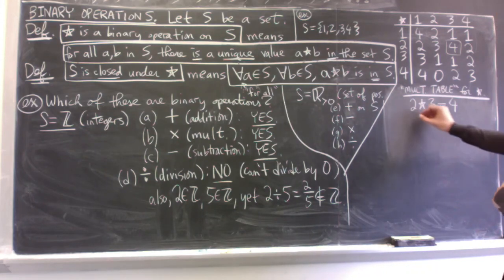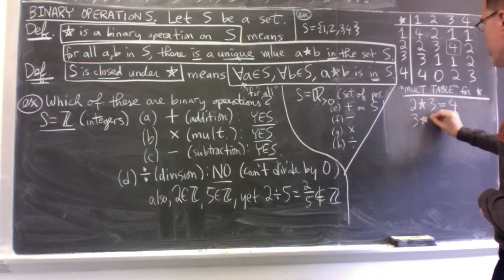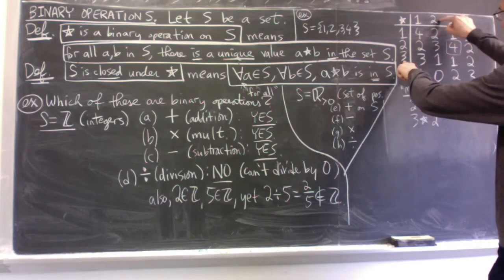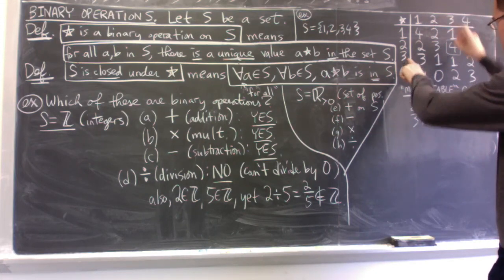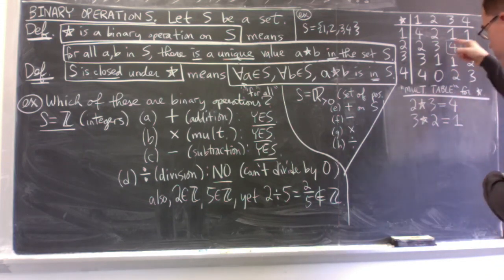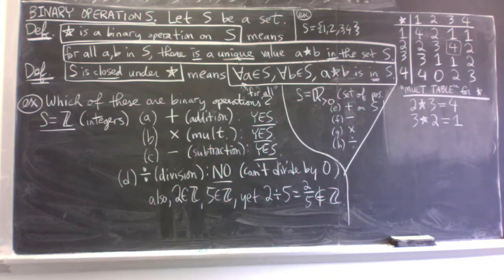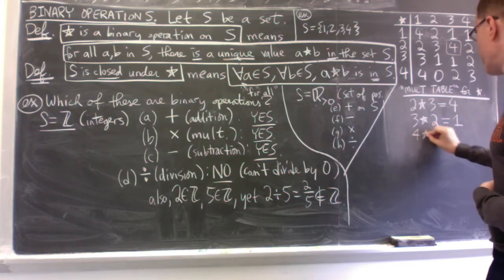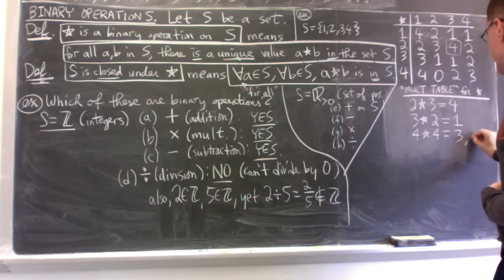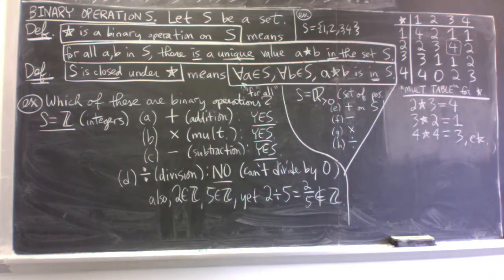On the other hand, 3 star 2, you go to row 3, column 2, and you get 1. Doesn't have to be the same. Okay, we'll talk about that more in a minute. So anyway, you can get everything this way. So 4 star 4 is 3, etc. So we'll be having a lot of operations on finite sets. But then wait, is this even a binary operation on S?